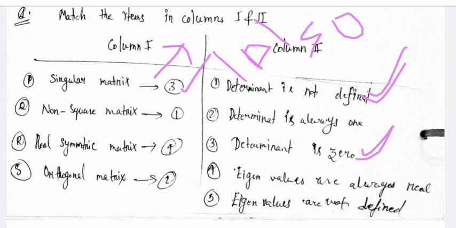In the case of a real symmetric matrix, the eigenvalues are always real, not imaginary. And coming to the orthogonal matrix, we know that its determinant is always 1, that is second.